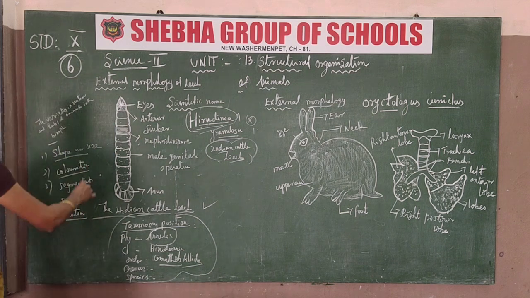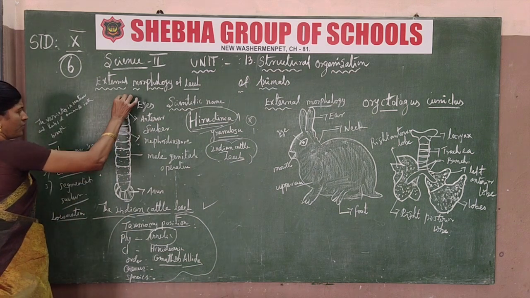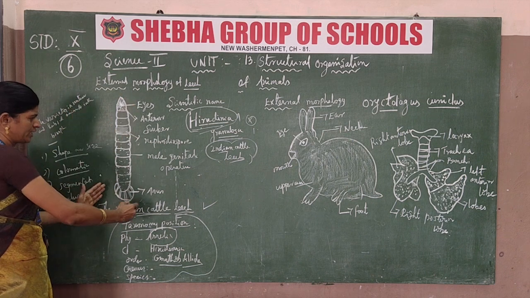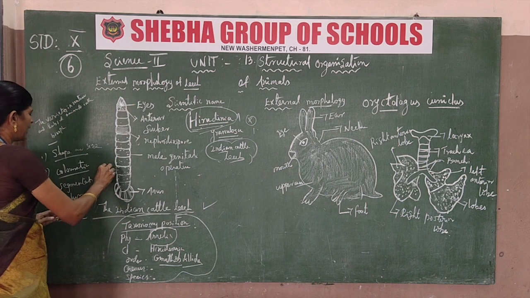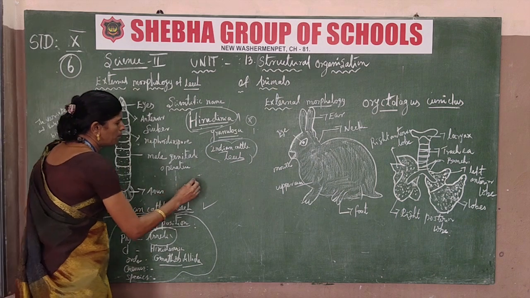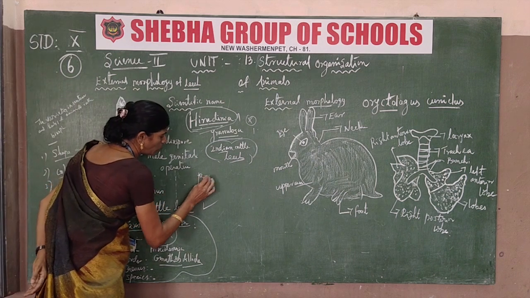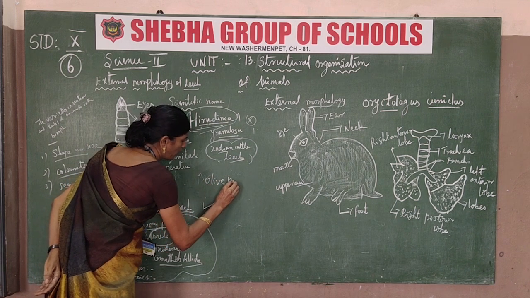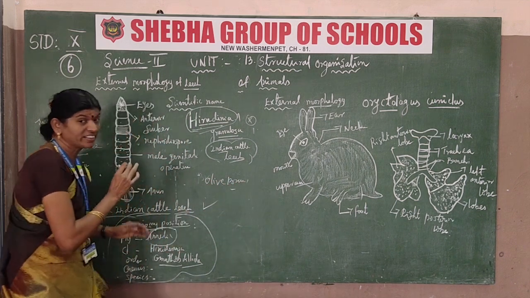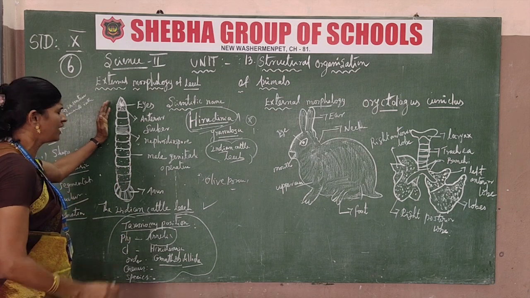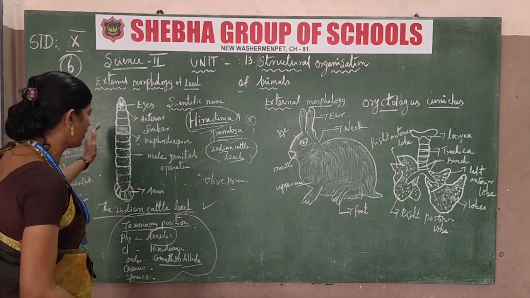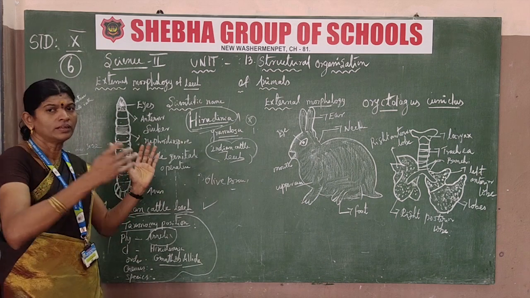So next, shape. First of all, this is an elongated and rounded shape. The color is brownish, olive brown in color, and also dark green. There is a dorsal side color and a ventral side color: dorsal side olive green and ventral side yellowish.